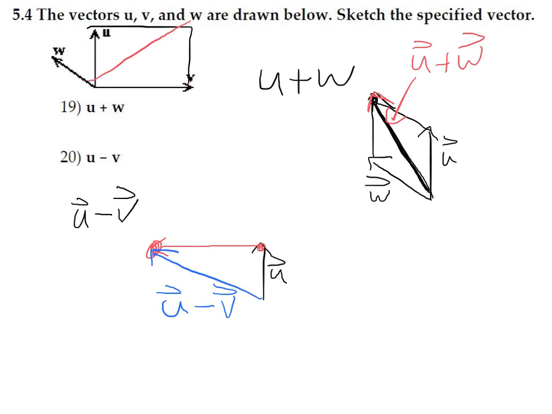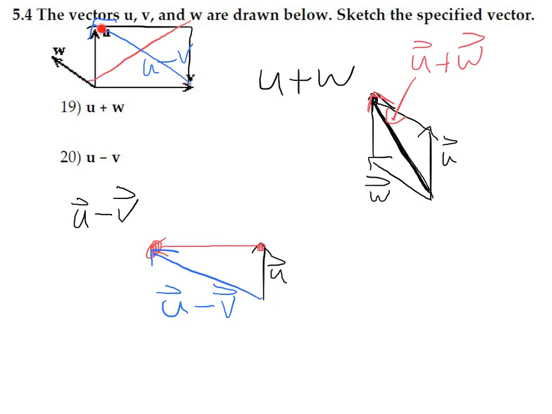Starting at the end of v and going to the end of u, that's u minus v. Some books cover this technique. The hard thing about it is that when you're doing u minus v, you have to know that you start at the end of v, and then from there go to the end of u. And this is basically the same vector as this one.